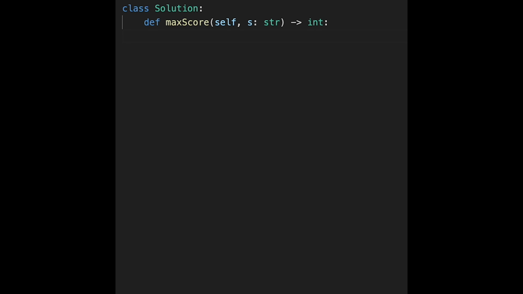Okay, so let's write the code. First of all, initialize the left max value with minus 1. Let me explain why we initialize with minus 1 later. Think about a 1, 1, 1, 1 case. The number of zeros is initialized with 0, and the number of ones is initialized with 0. First of all, calculate the max value of the left substring. So for i in range, the length should be length of string minus 1, right?